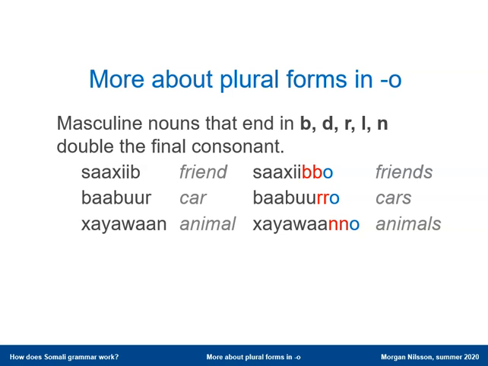If the word ends in a consonant b, d, r, l, n, then this consonant is doubled in the plural before the ending o, if the word is masculine. This doesn't happen in feminine nouns, only in masculine nouns. So sahib, sahibbo, babur, baburo, hayawan, hayawano.